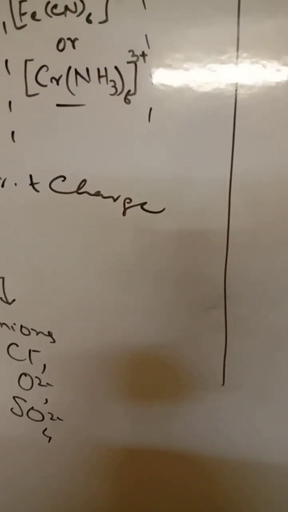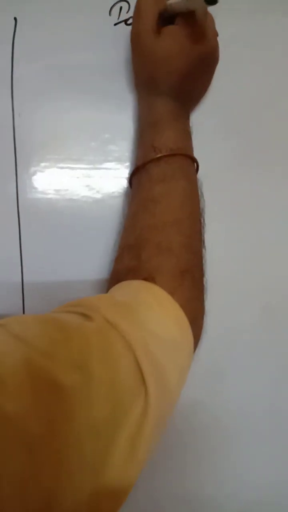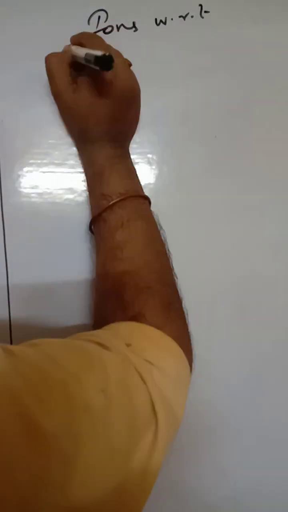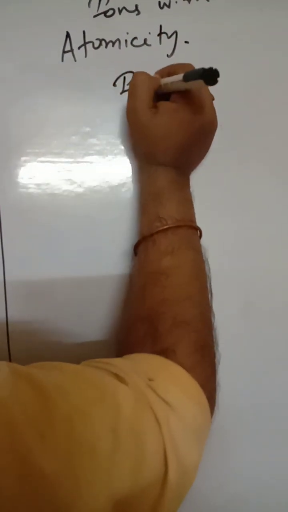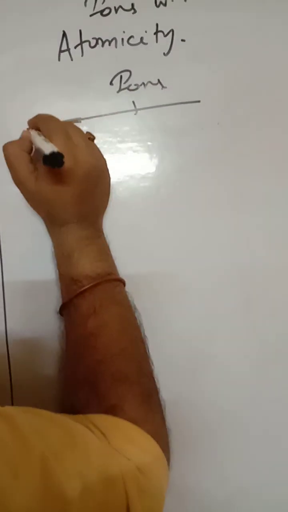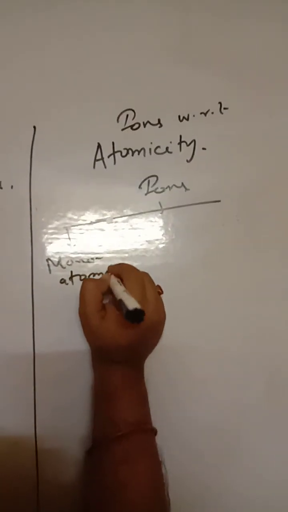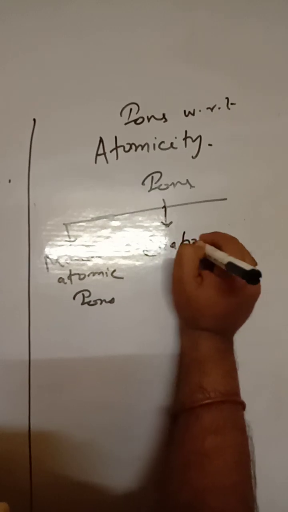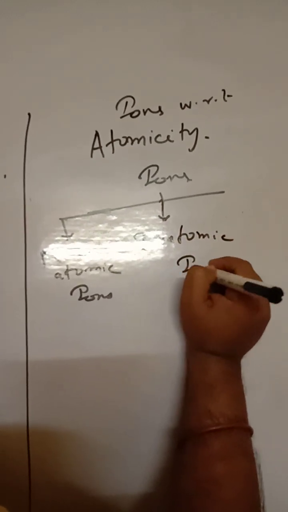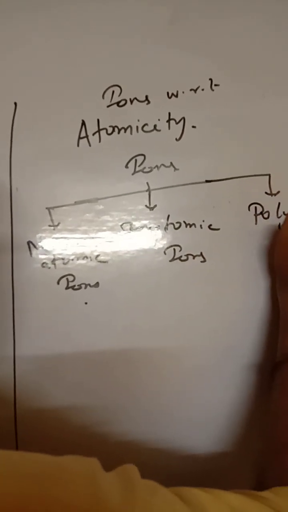Now what is atomicity? Atomicity is actually the number of atoms present in the ion. So if you try to classify ions with respect to atomicity, then we can write ions as monoatomic ions, diatomic ions, atomicity 1, atomicity 2, and this is polyatomic ions.